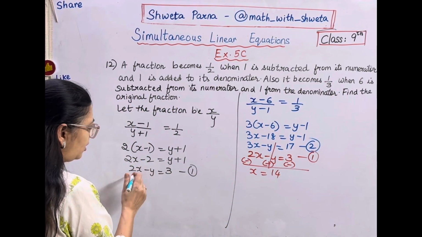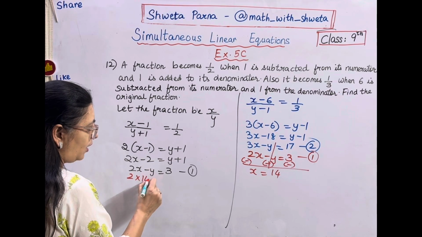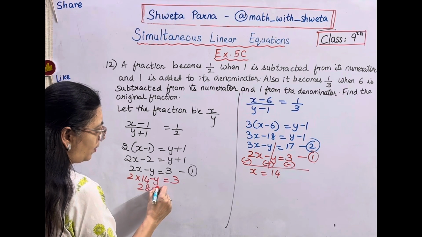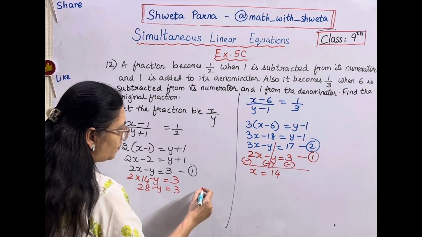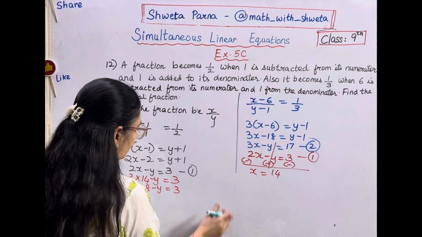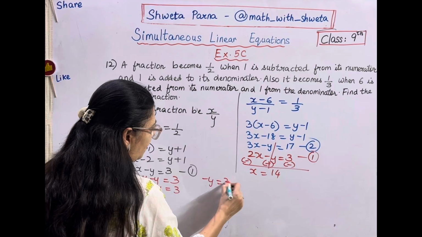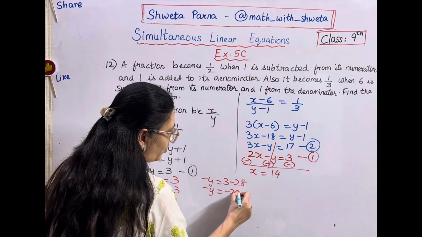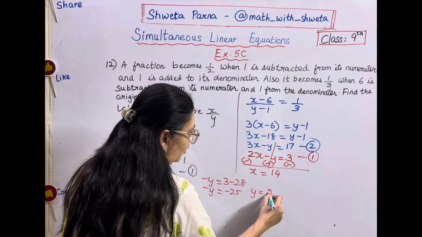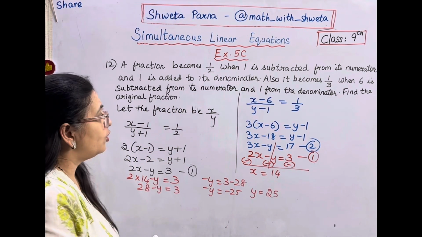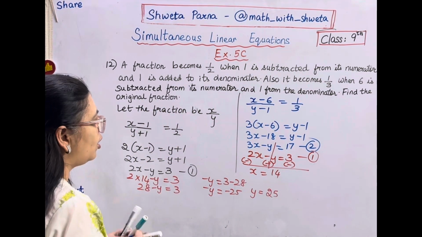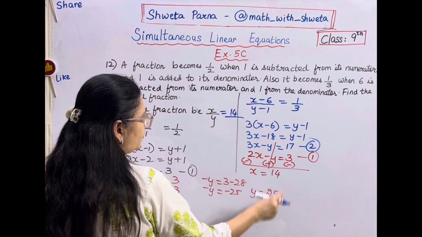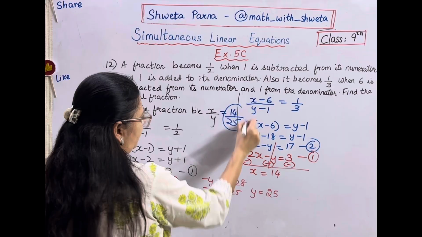I substitute here 2 into 14 minus y is equal to 3. 28 minus y is equal to 3. So, minus y is equal to 3 minus 28, minus y is equal to minus 25. So, y is equal to 25. So, what is the original fraction? Original fraction would be 14 upon 25.